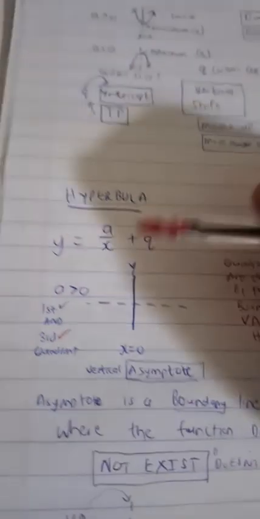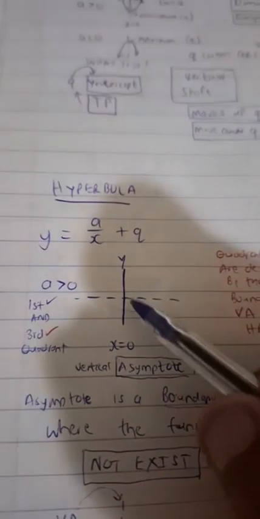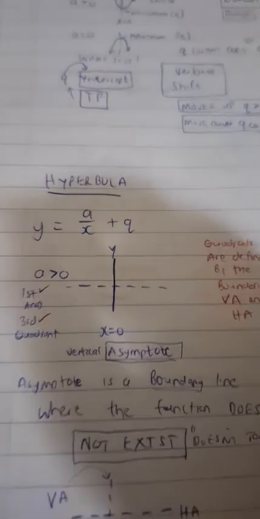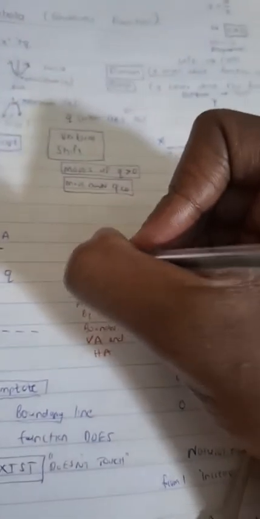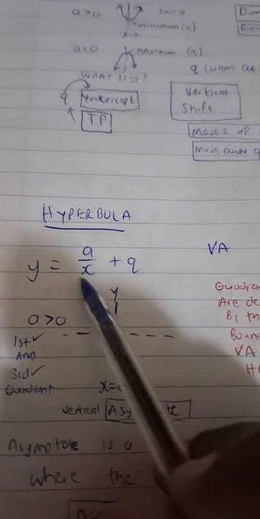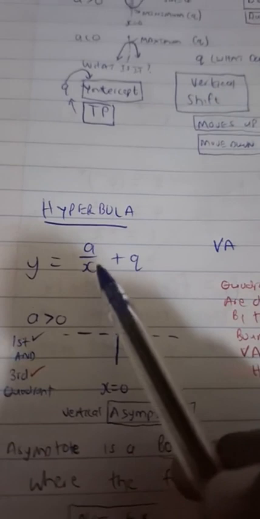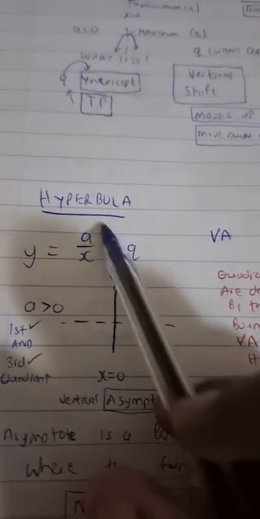That's why I was saying to you guys that if I am to indicate the boundaries for the hyperbola function, first and foremost, the first boundary, which is the vertical asymptote, is indicated by the value of x that we should not have in the denominator of any fraction.